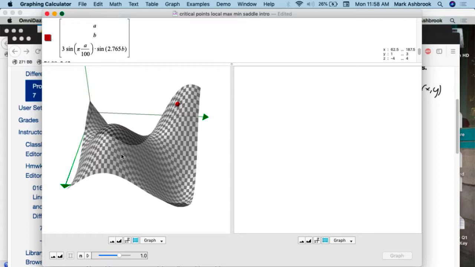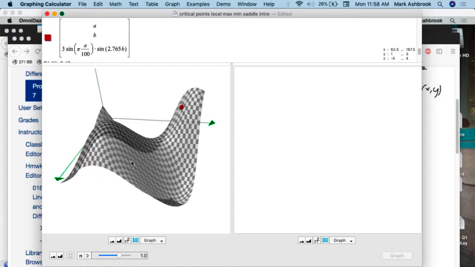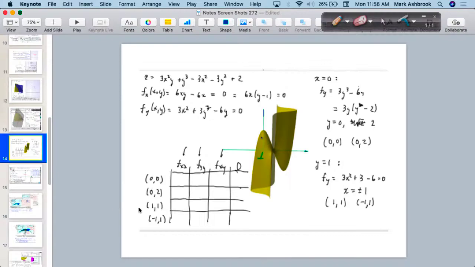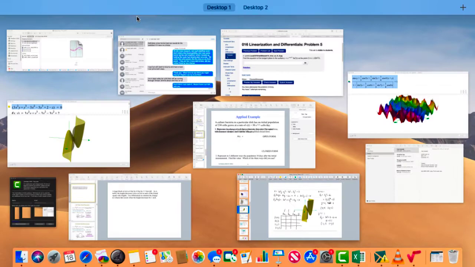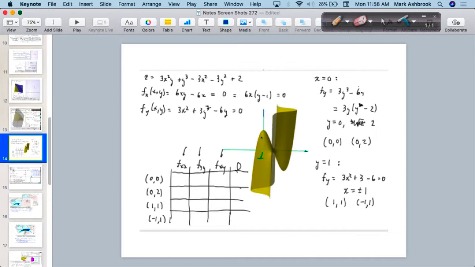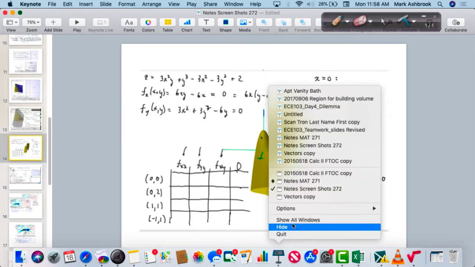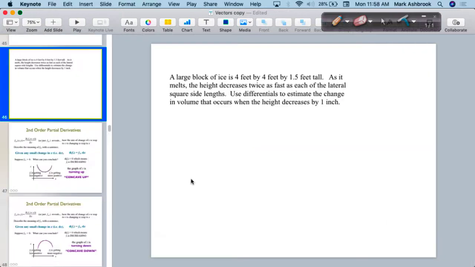Okay, so let's take that a step further here. So let's talk about the second order partial derivatives.